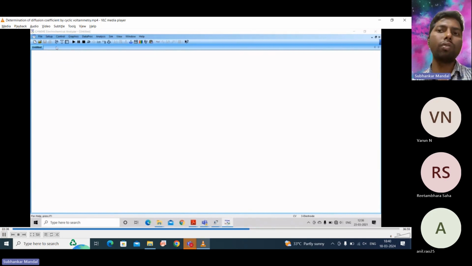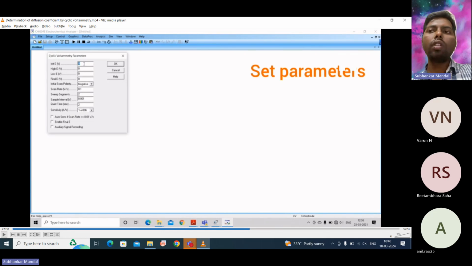Now we know what the OCV value is. Next we go to the set parameter dialog box, where you can give all the parameters, because you need to decide which potential window you want to sweep the potential over and measure the current. There are different types of parameters. Here you can see INI means initial potential, that is, where you want to start the experiment.